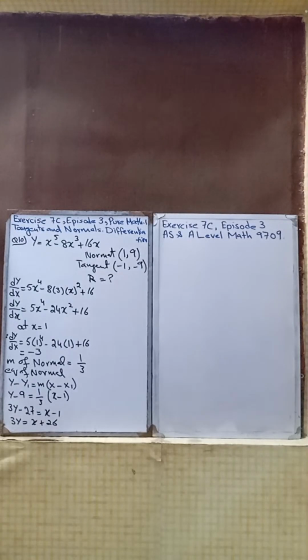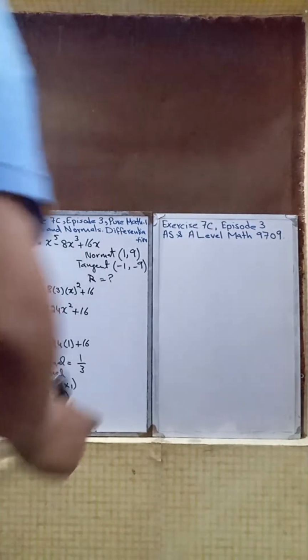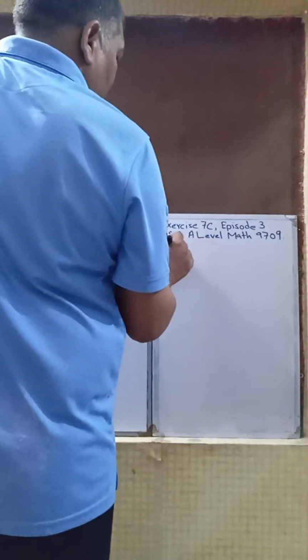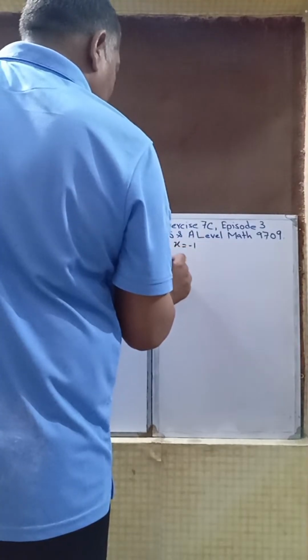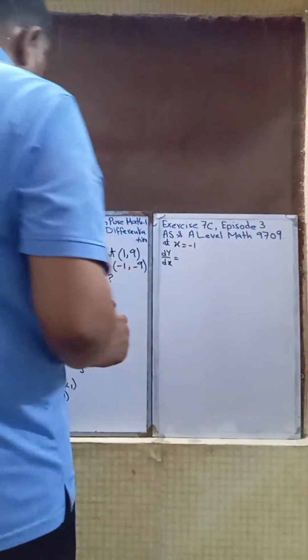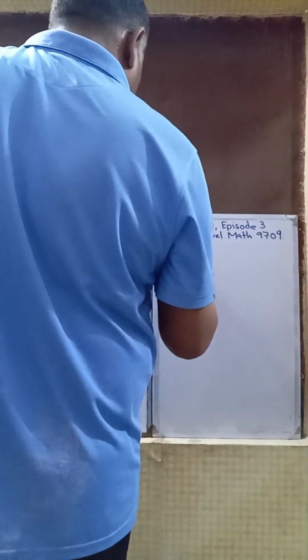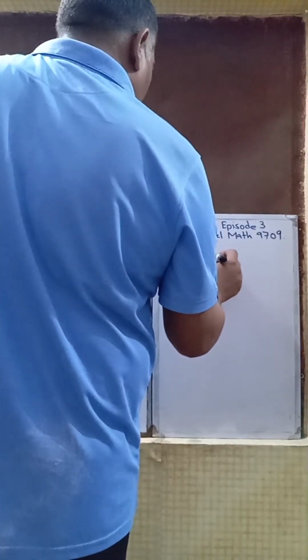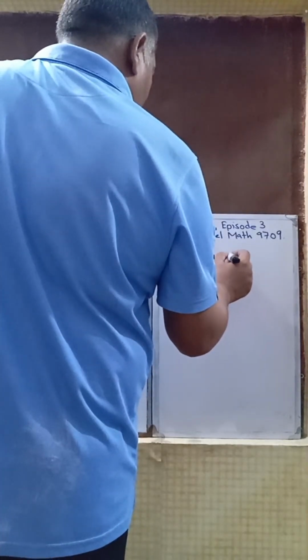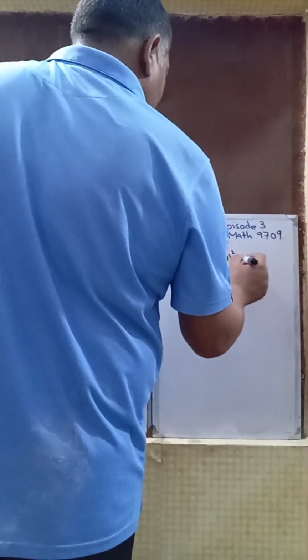Then we will find the equation of the tangent at the point Q, which is (-1, -9). At x equals -1, the value of dy by dx will be 5 into (-1) raised to power 4 minus 24 into (-1) squared plus 16.